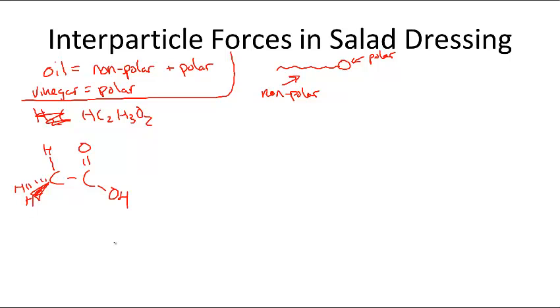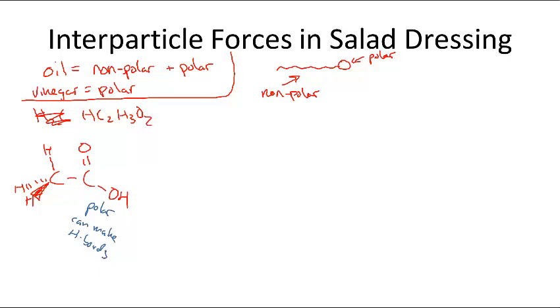So I have this polar. Not only is this polar, but it can make hydrogen bonds. So I have this polar stuff and my oil, which is both polar and nonpolar.